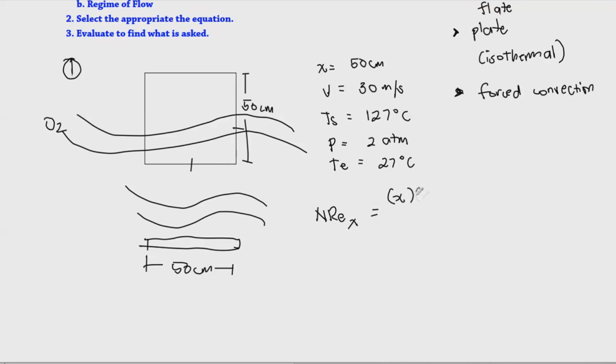So that is X, and then we still have the density, but the density will be evaluated at the film temperature, and then we have the velocity of the fluid divided by the viscosity at the film temperature.